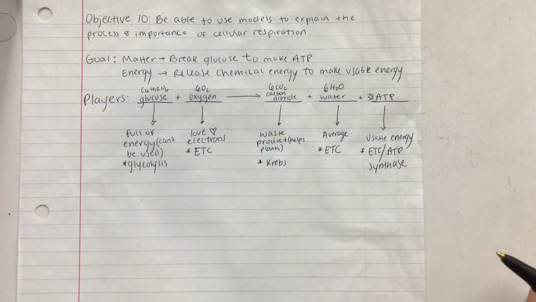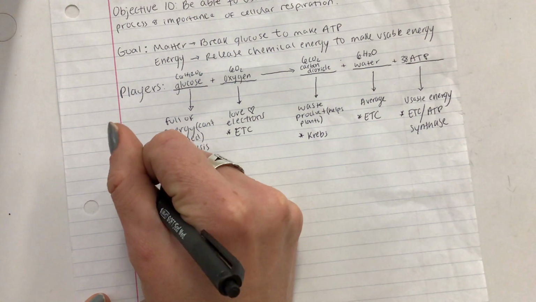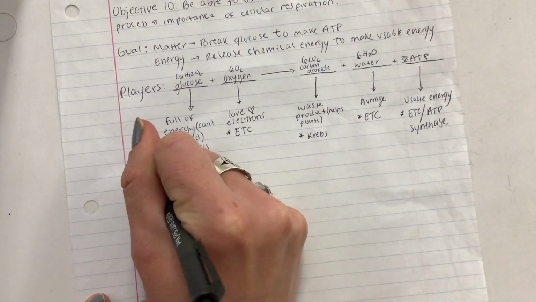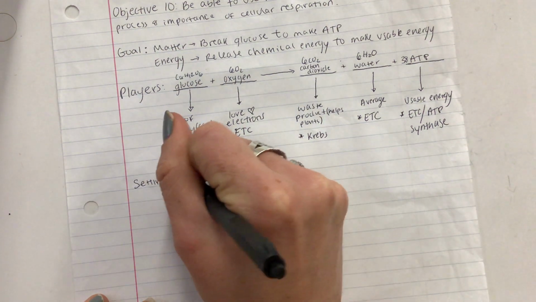So let's take a look at the setting for this game. Each level takes place in a different location. Okay, so the setting is the mitochondria of a cell.